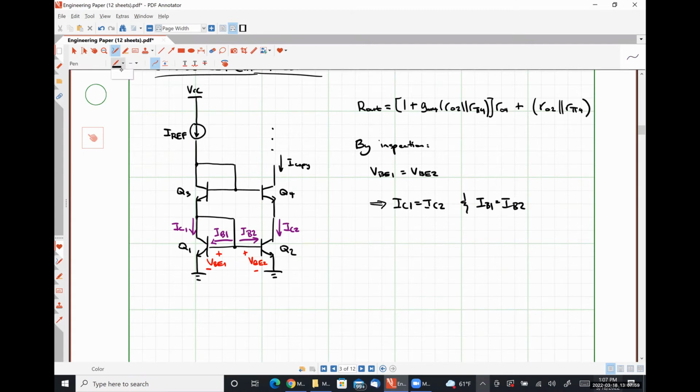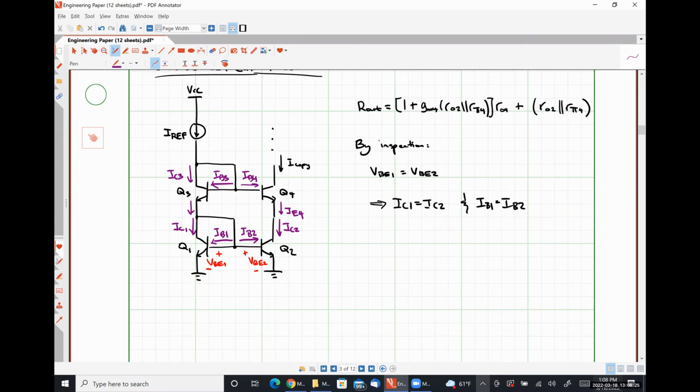I'm going to go ahead and label a couple more currents here that we're going to use in our analysis. So this will be IC3. This will be IB3. This guy here is IB4. This guy here is IE4.